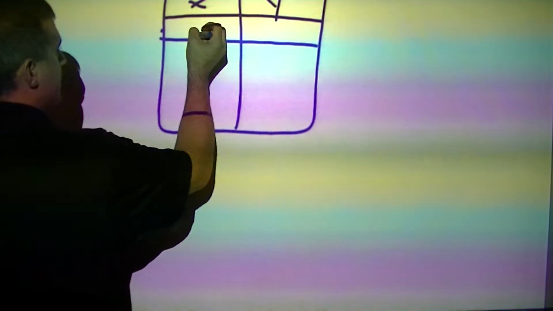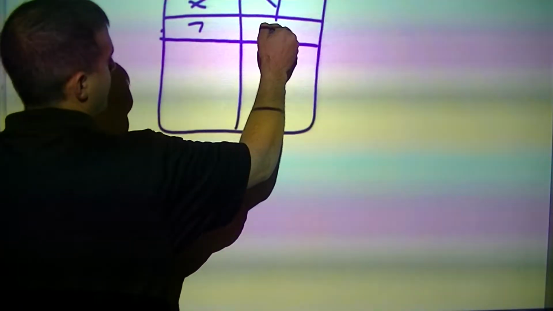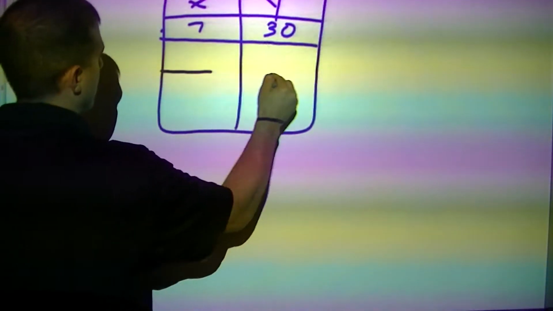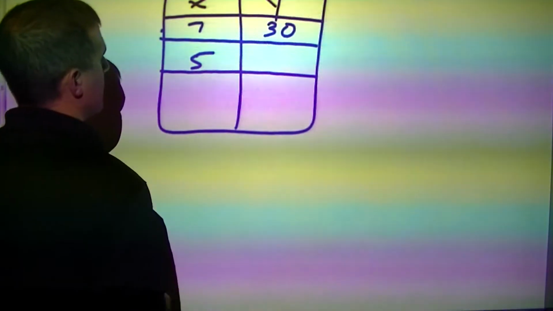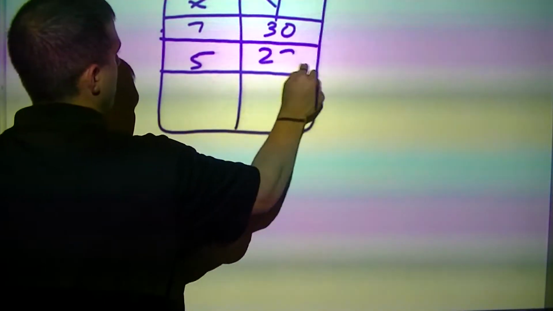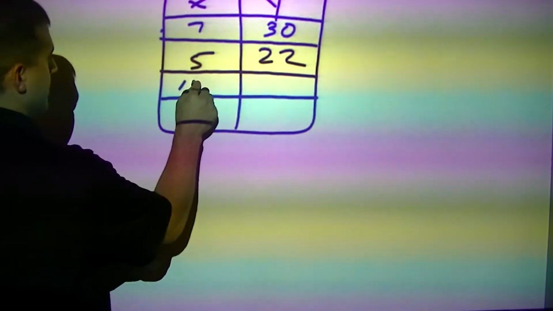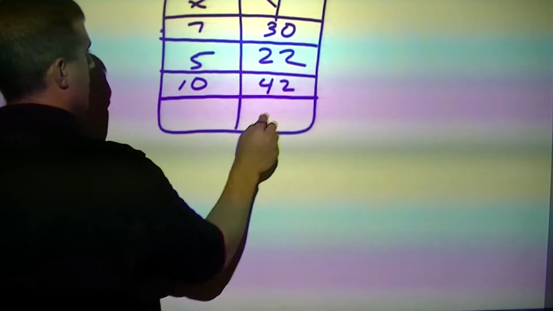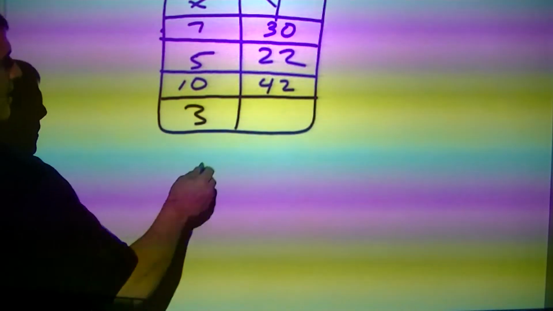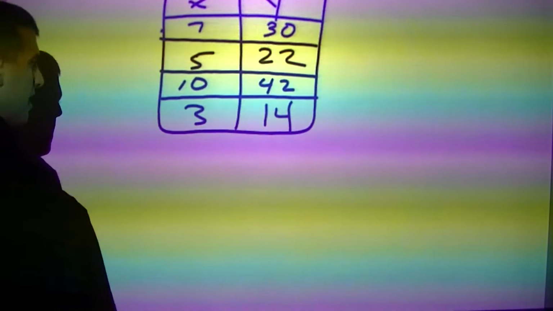They might give you a big table like that. They'll say this is x and this is y. They might say this is 7, 30, let's say 5 and 22, let's say 10 and 42, let's say 3 and 14, okay? And they might have a couple of things.